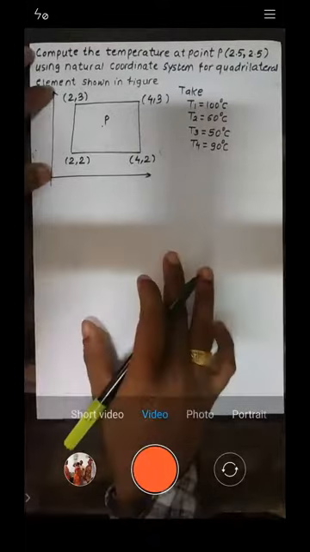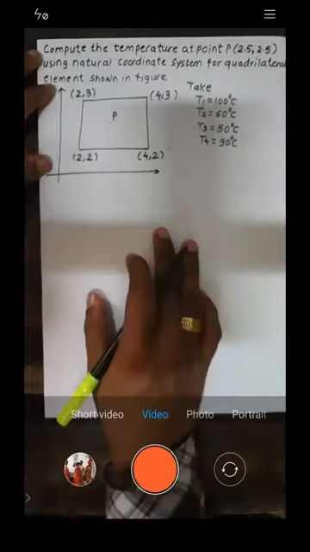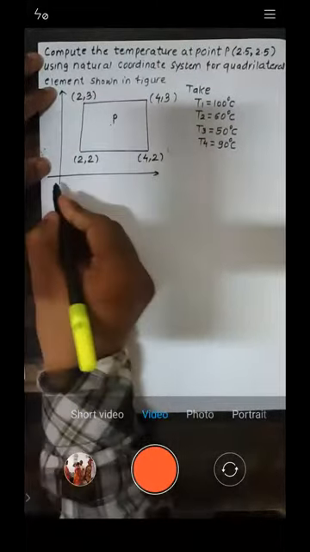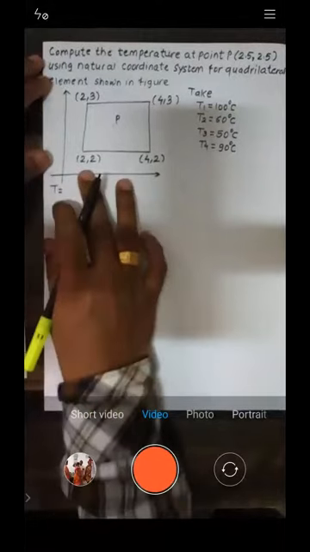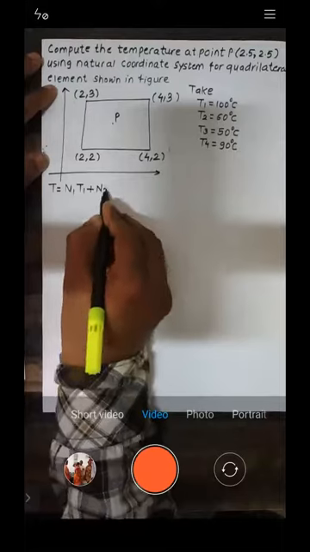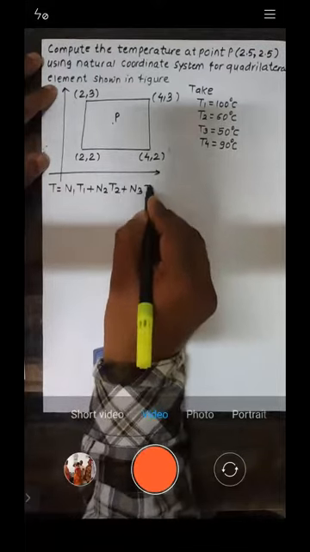If you want, I will go in a reverse manner. Try to understand. If I need to calculate the temperature at point P, how will I calculate it? Temperature is equal to N1 T1 plus N2 T2 plus N3 T3 plus N4 T4.